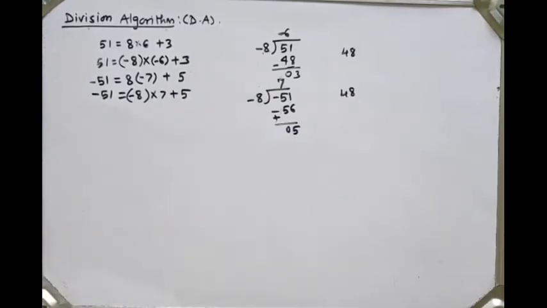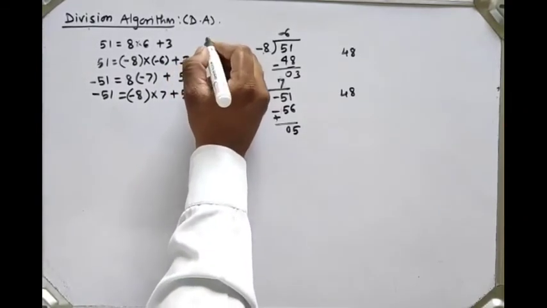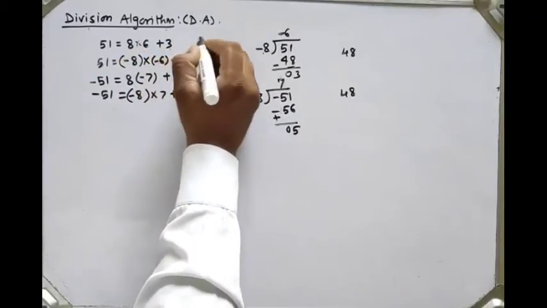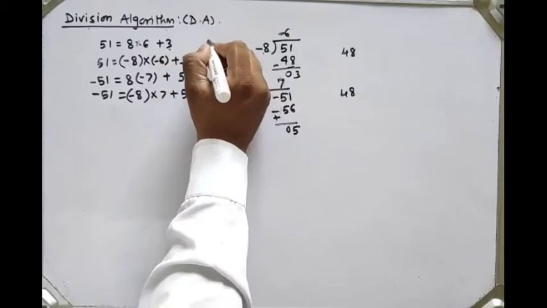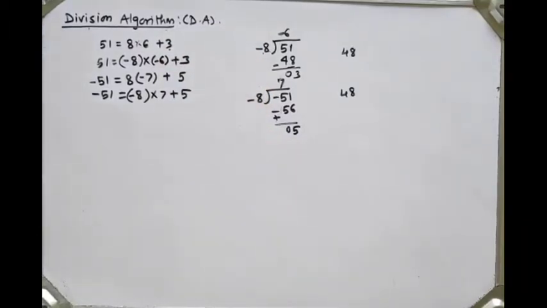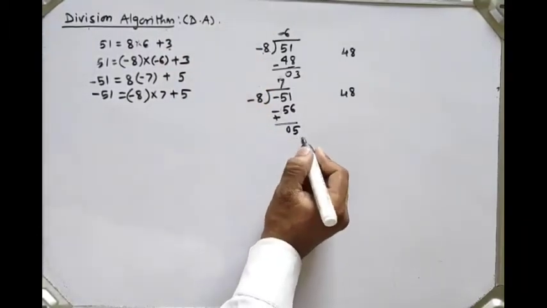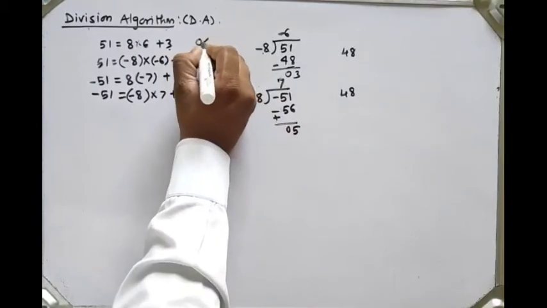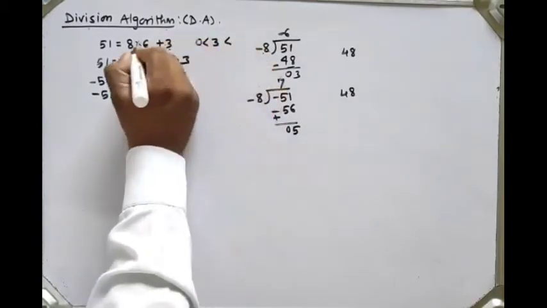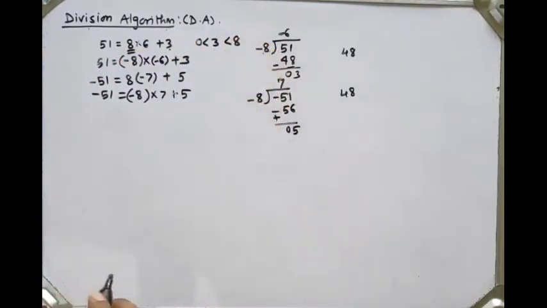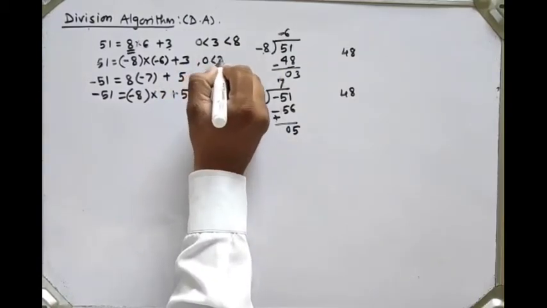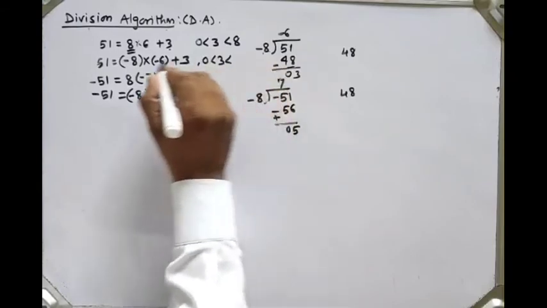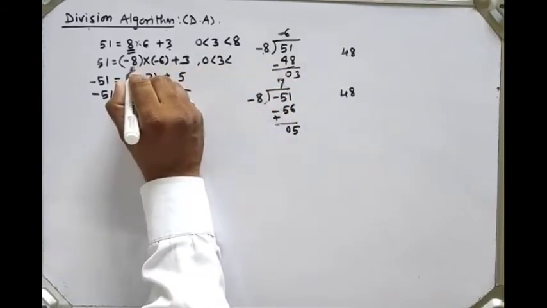So what do we see here? The remainder is 3, which is always greater than or equal to 0 and positive. So 0 is less than or equal to 3, less than 8, and again 0 is less than or equal to 3, less than minus 8.